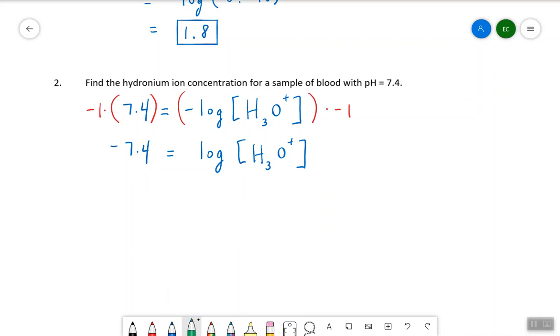And then remember the base is 10, and so if we want to undo the common log, we're going to create a base 10 exponential on each side. So let's see what that looks like. Let's write the base 10 underneath both sides of the equation.